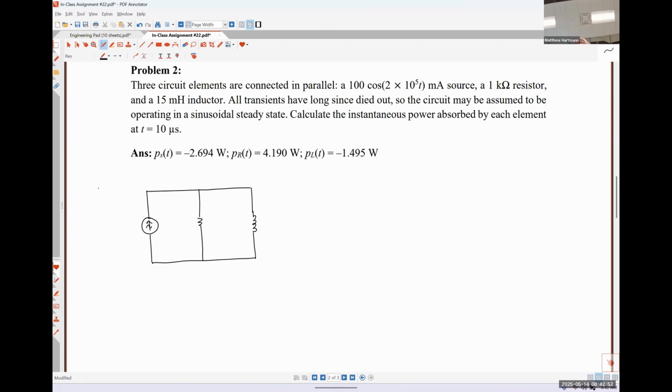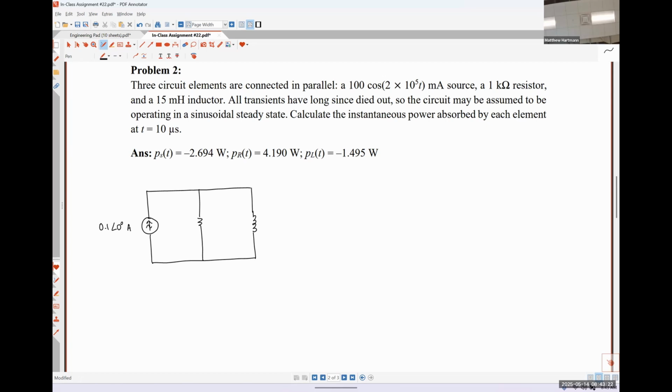Our phasor should not have an omega in it at all. It should just be the magnitude and the phase angle. So what's the magnitude here? 100 milliamps, which I'm going to choose to write as 0.1 amps, in base units. So this is going to look like 0.1 angle 0 degrees amps, which is the same thing as 100 angle 0 degrees milliamps. But again, I want to do things in base units here.